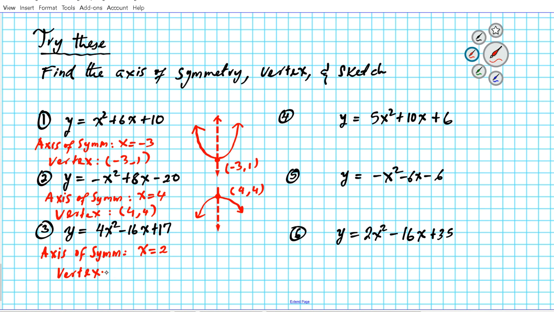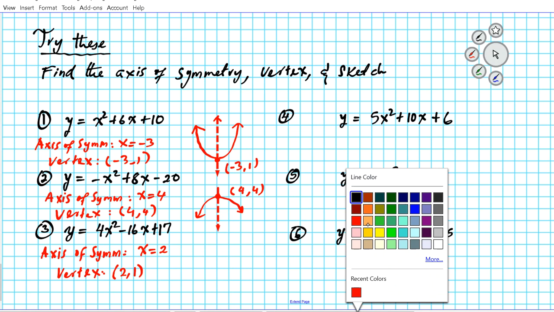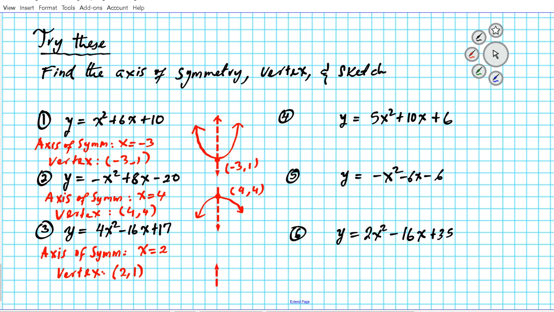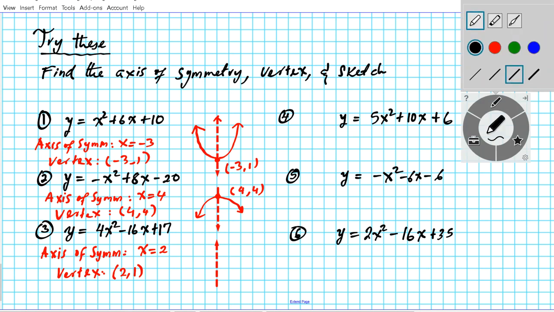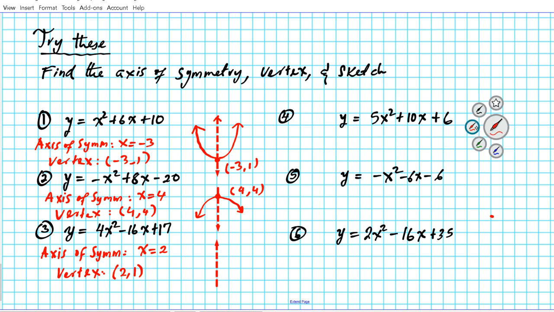In this particular case, it's a happy parabola. A is positive. So you just have your vertex down here, that's (2, 1), and then it opens up. So there goes your graph.